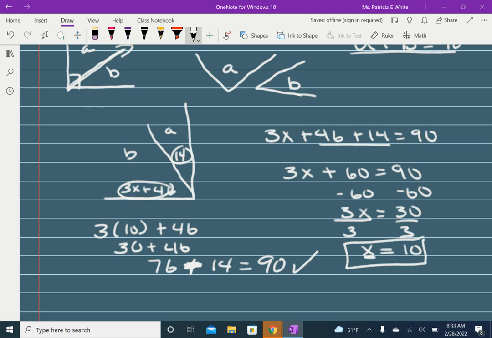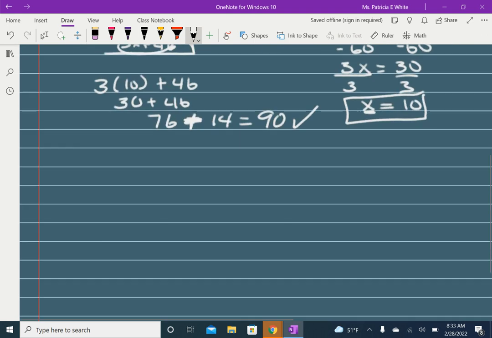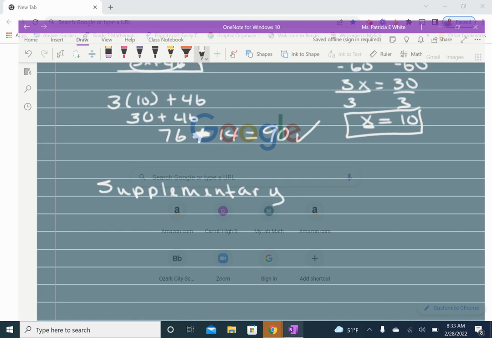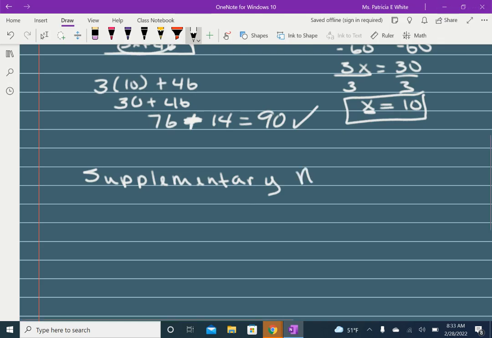All right, the other one was supplementary. Supplementary angles, they don't add up to 90.